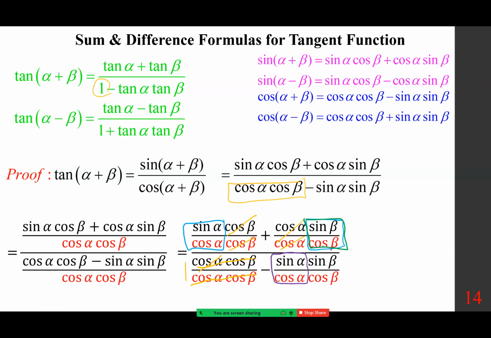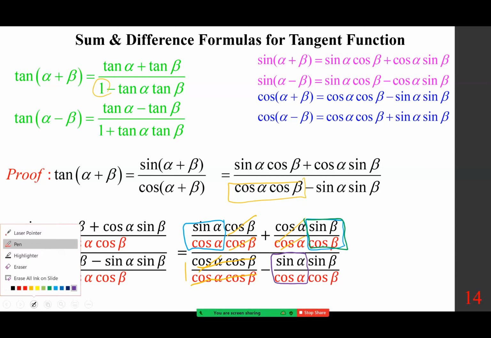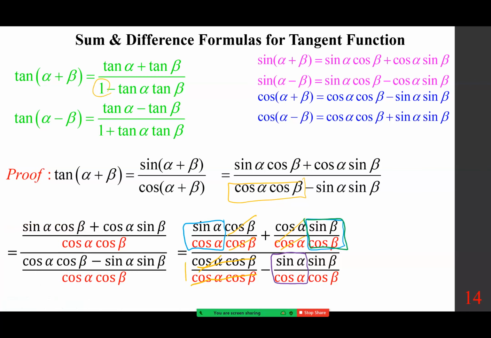Sine alpha over cosine alpha, we replace it with tan alpha. Sine beta over cosine beta is tan beta. And that's what we get. And that's a proof.